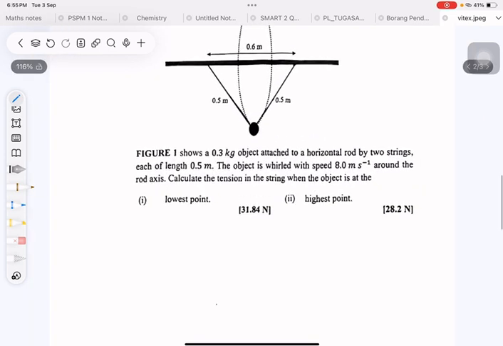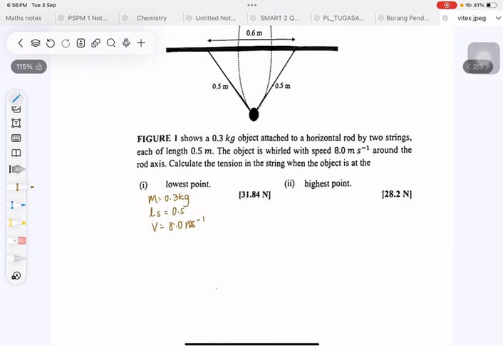From the question, we know that the mass of the object is 0.3 kg, the length of the string is 0.5 meter, the speed is 8.0 m s to the power of negative 1, and the length between both ends of the string is 0.6 meter.